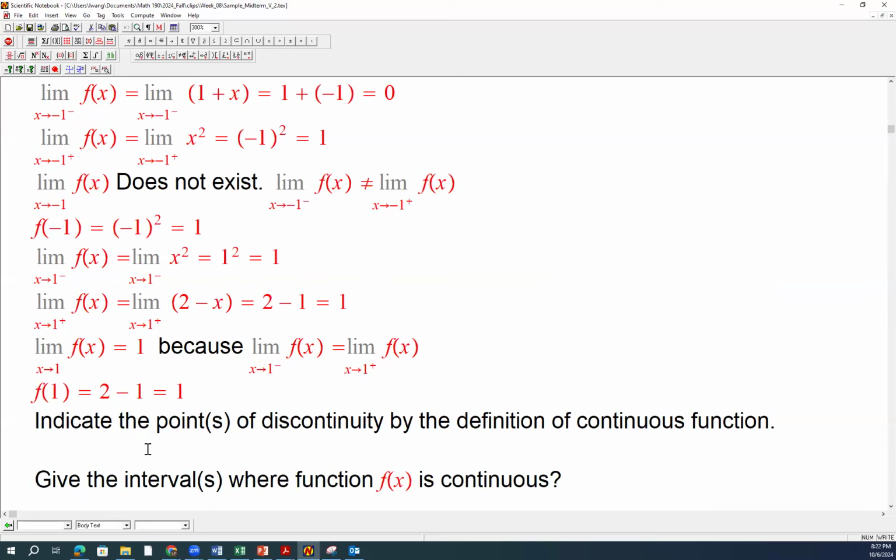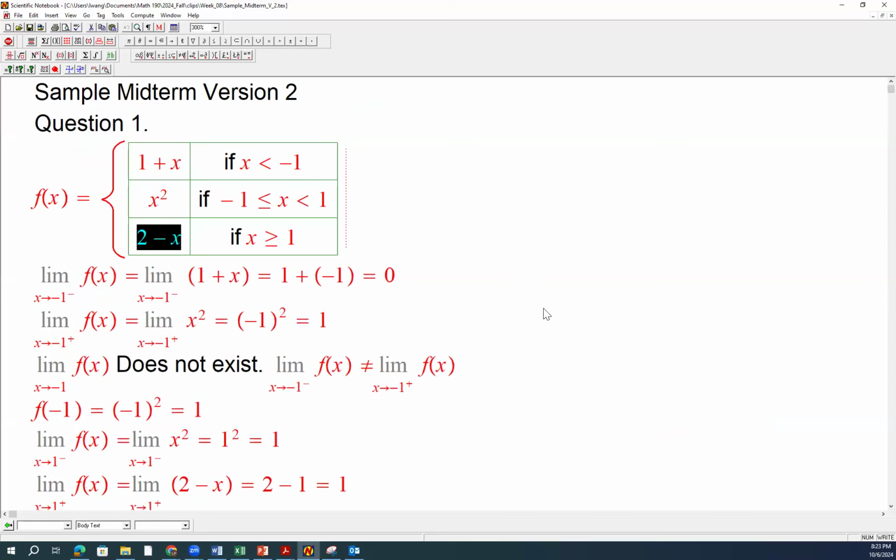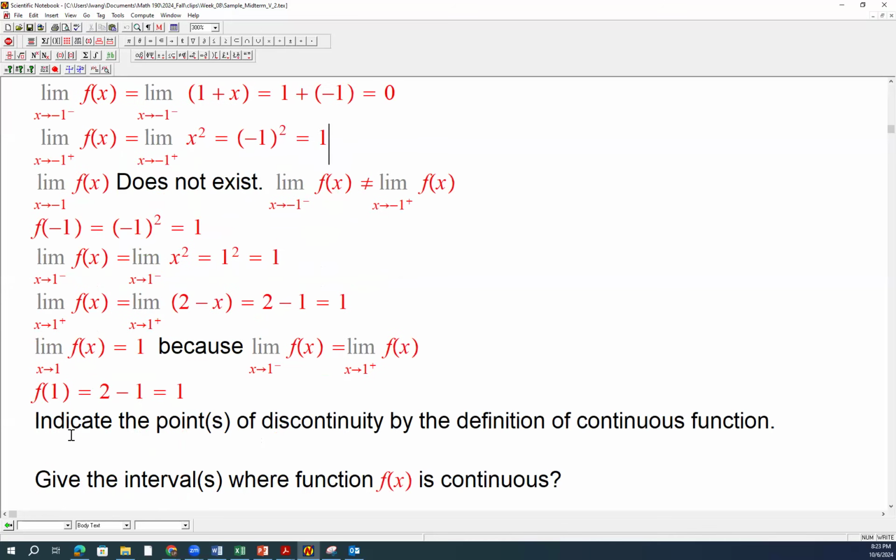At -1, the limit does not exist, therefore it is not continuous. The point of discontinuity is -1. At +1, the limit is equal to the value of the function at 1. So at +1, f of x is continuous.